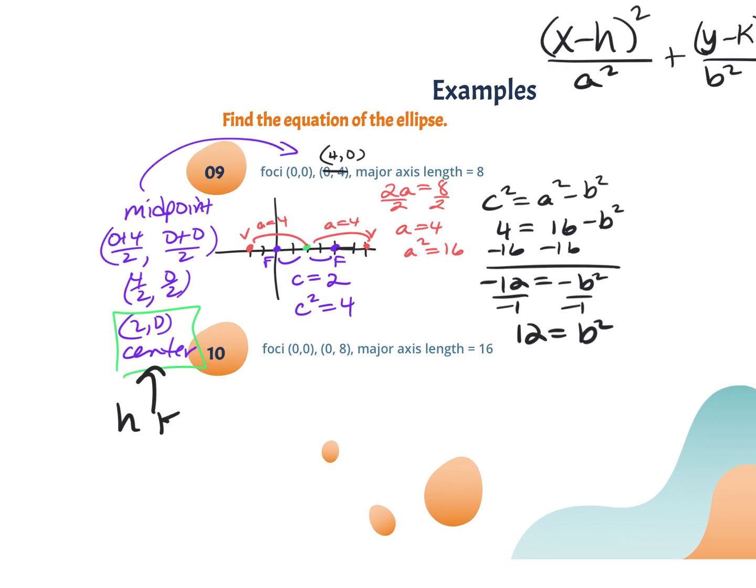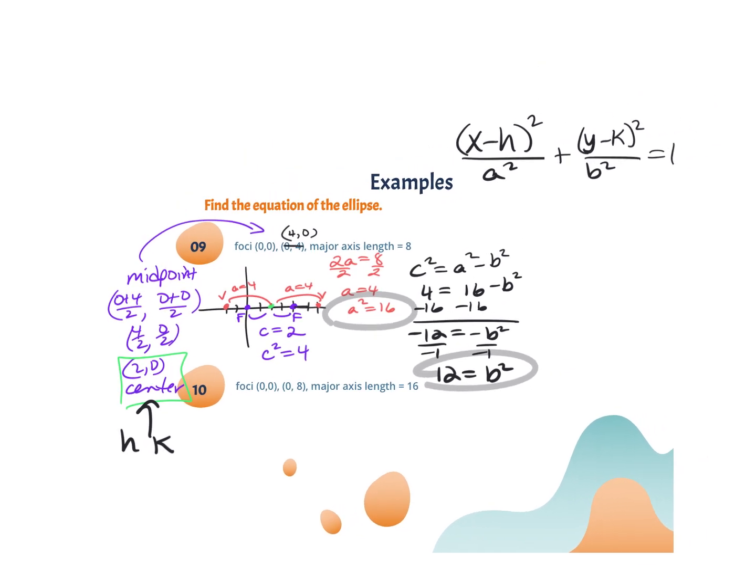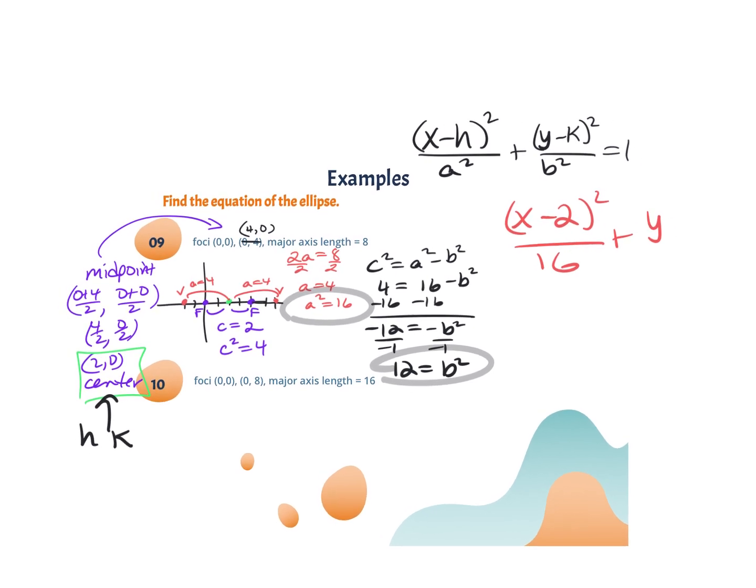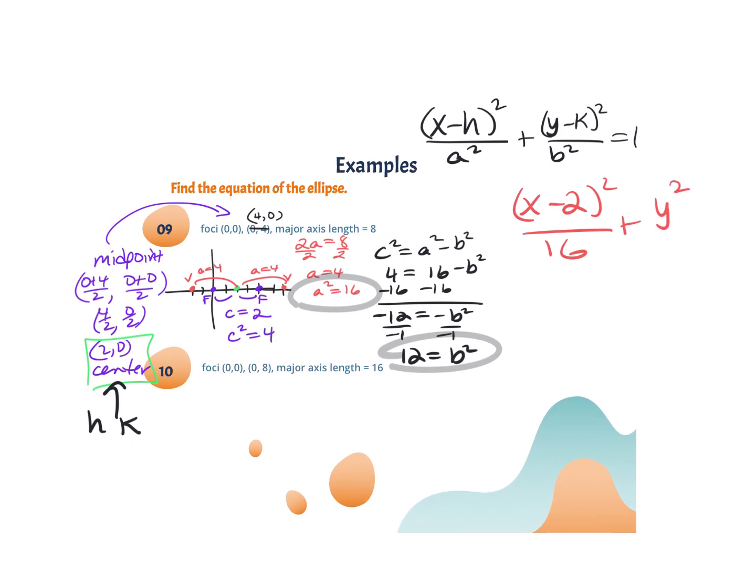So this is my h and k. And then I'm going to fill in my a squared and my b squared. So my answer here is going to be x minus 2 squared over 16 plus y minus 0, so I'm just going to put y squared over 12.